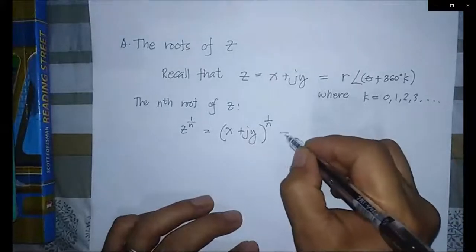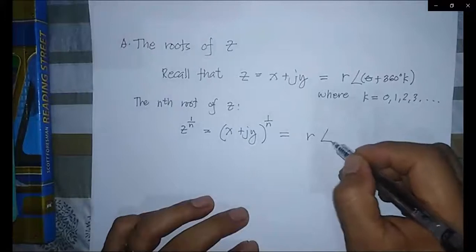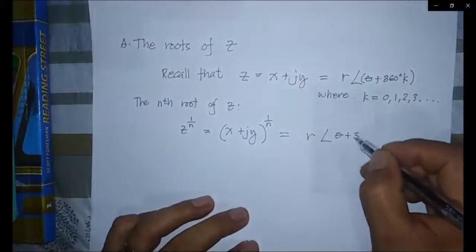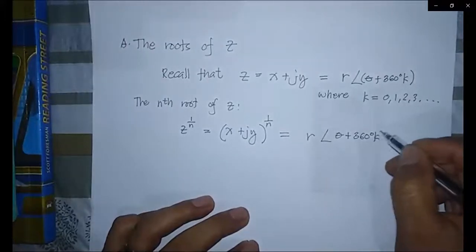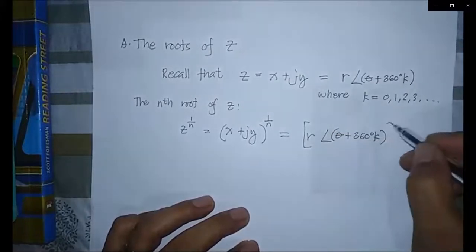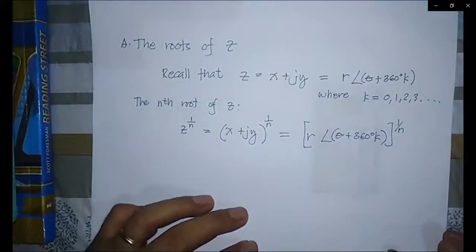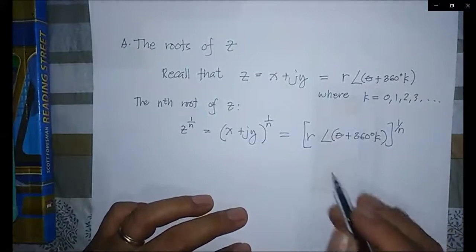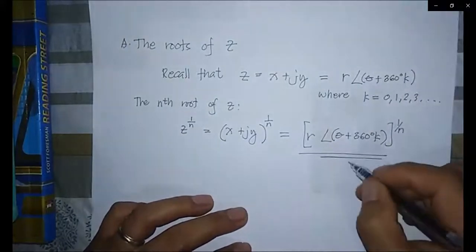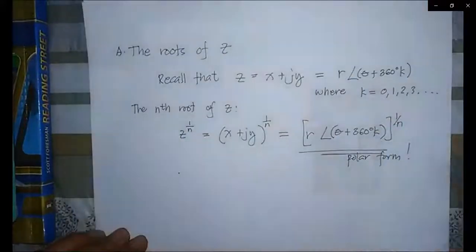That is also equivalent to its polar form, r angle of theta plus 360 degrees multiplied by k, all to the power of 1 over n. Now in this topic, we are going to convert the rectangular form into its equivalent polar form. Take note, in finding the roots of Z, the form should be in polar form.